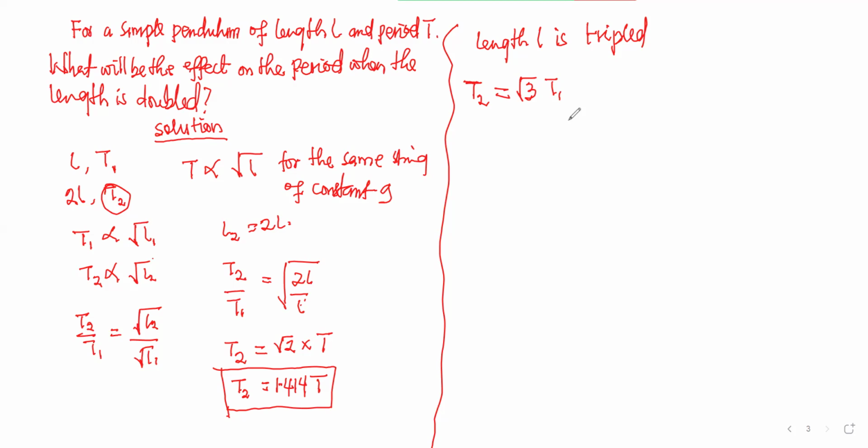Calculate the period of oscillation and the time for 20 oscillations of a simple pendulum, I of length 100 centimeter, and then II of length 90 centimeter.